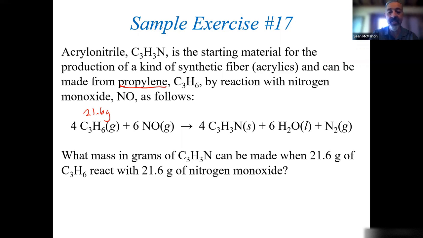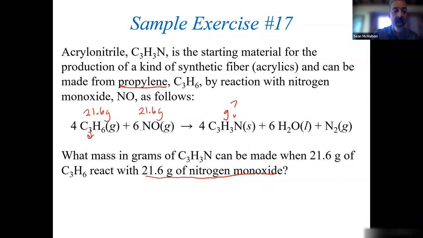And then I have 21.6 grams of nitrogen monoxide. I want to figure out how many grams of acrylonitrile I have. So I want to know grams of this. So how do I do that? Well, again, double stoich.